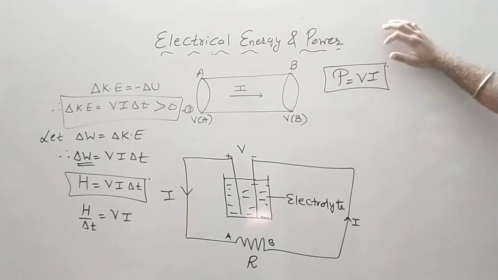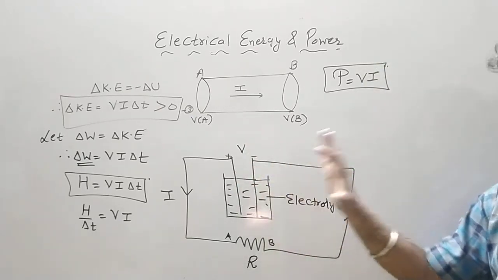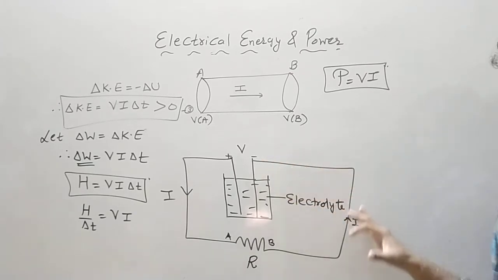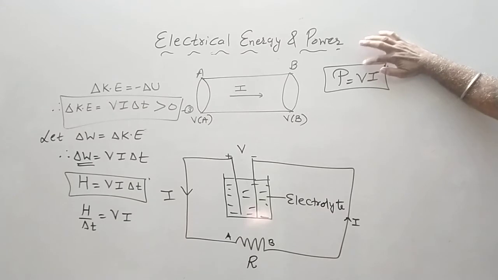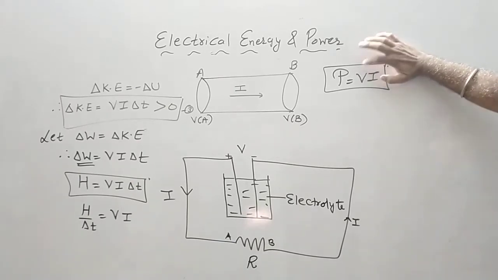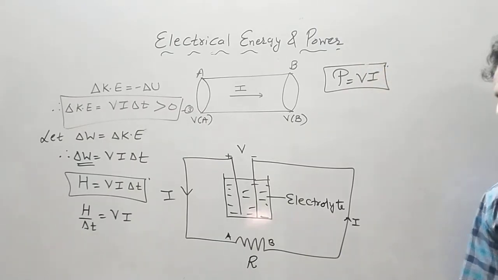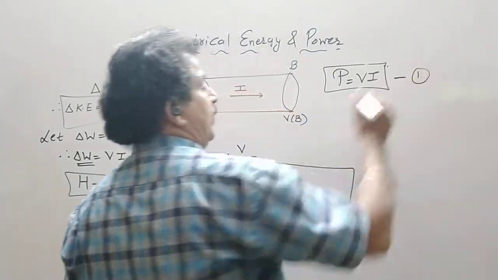So if there are no losses anywhere, neither inside the chemical cell nor in the conducting wire, I can say this much power is produced by the electrochemical cell, and the only device which is connected to the electrochemical cell is our conductor. So this much power loss should be there across a conductor. So this is one expression for power.